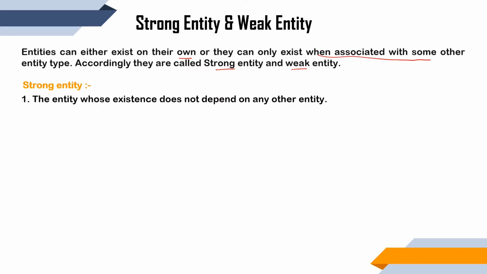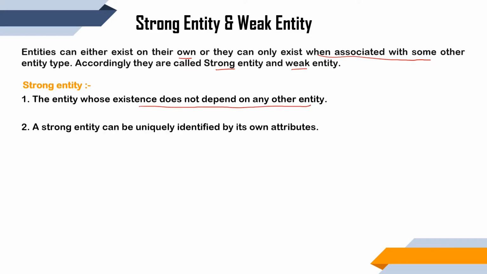Now let's understand strong entity in much more detail. So what is a strong entity? Strong entity is that entity whose existence does not depend on any other entity. It is an independent one. A strong entity can be uniquely identified naturally by its own attributes because it doesn't have to depend on any other entity for its existence.